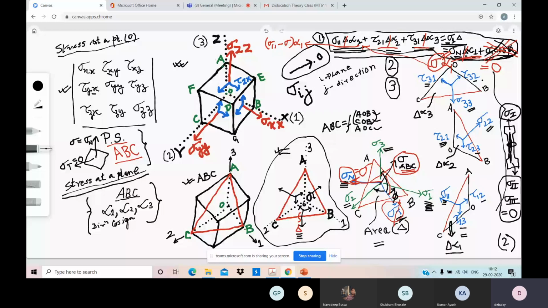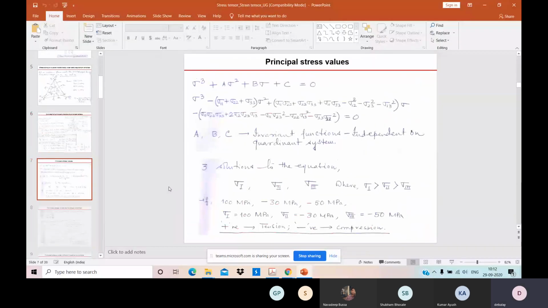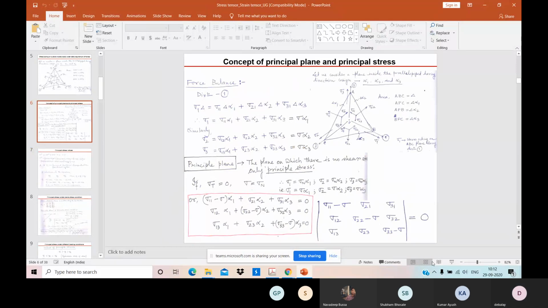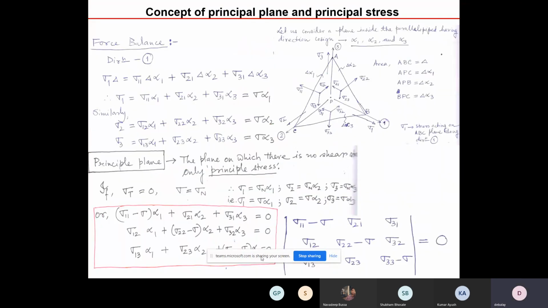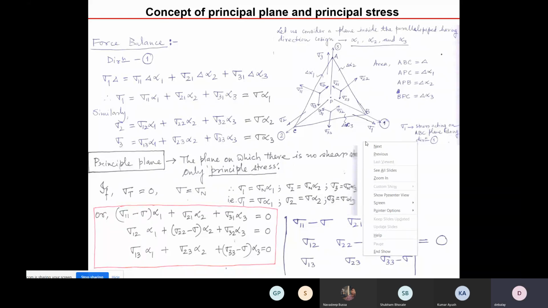So sigma n we are replacing by the term sigma, and we have obtained an expression, and for the 3 major directions, 1, 2, 3, 3 such expressions can be obtained, which are written here. And if we take sigma to the other side, it becomes sigma 1 1 minus sigma alpha 1.